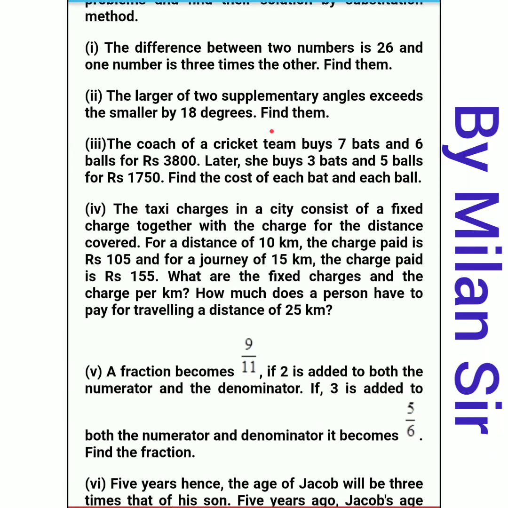Read this question. The larger of two supplementary angles exceeds the smaller by 18 degrees. Find them. So again we need to assume two variables, x and y. Here we can assume two angles, larger and smaller.